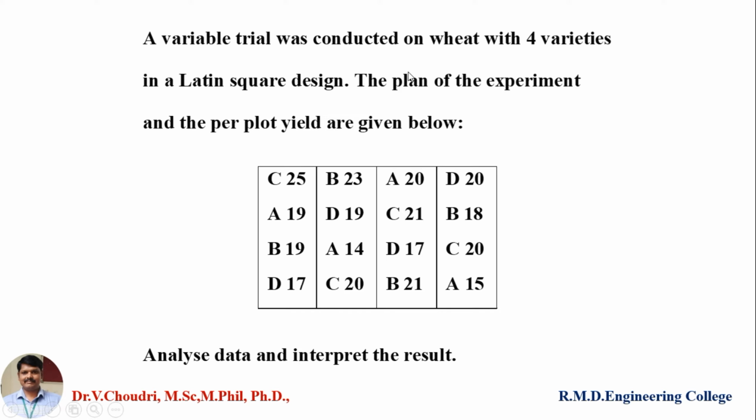Sometimes they say analyze the data column wise, row wise and treatment wise, or seed wise or fertilizer wise, etc. So from that we identify that the problem is a Latin square method, but here it is given directly as Latin square design, so we can analyze the data by three-way classification.